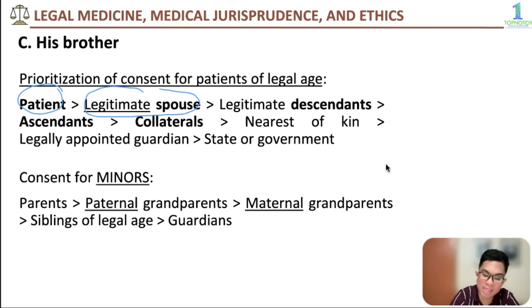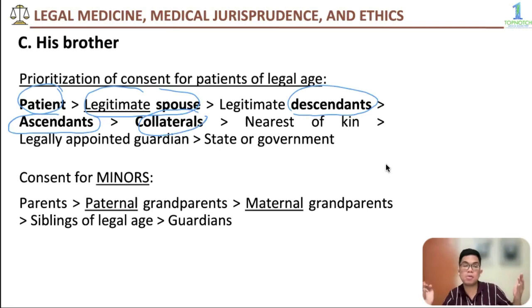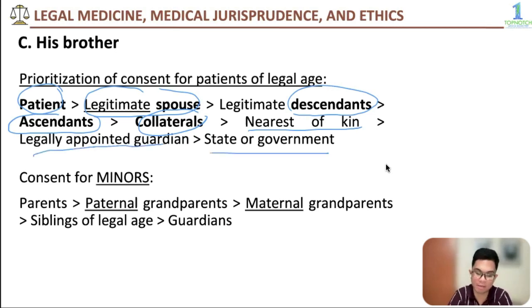And then legitimate descendants, so children who are of legal age, okay? Ascendants, so parents, grandparents, collaterals, so this includes your siblings, which is in this case, yung answer sa tanong natin. And then nearest of kin. So, si brother and sister, mauna kaysa kay tito and tita, okay? And any legally appointed guardian in the state or government.